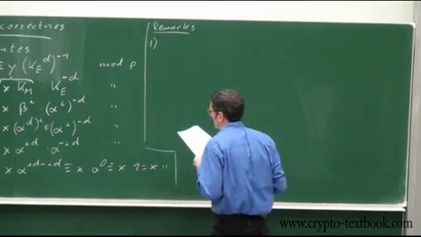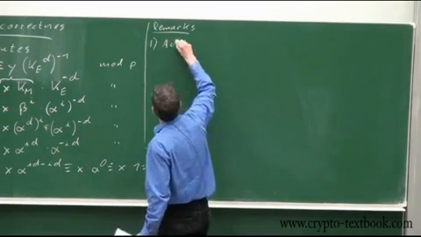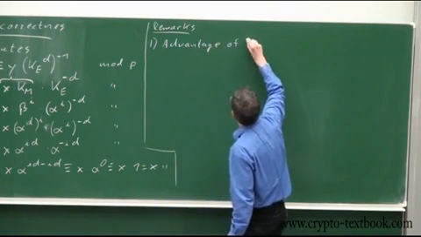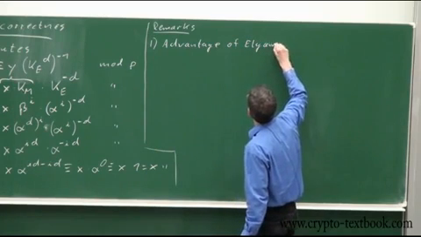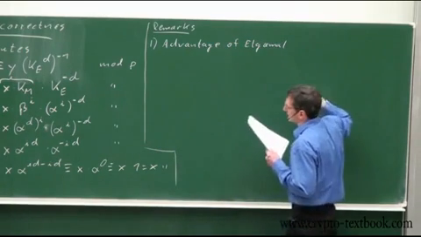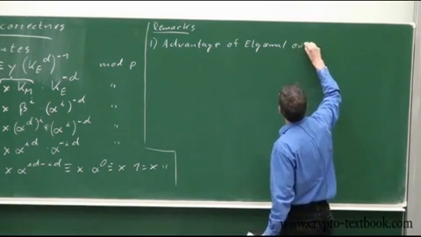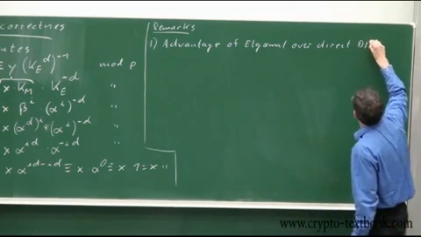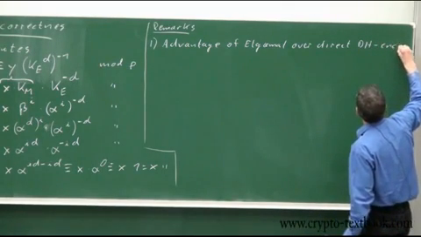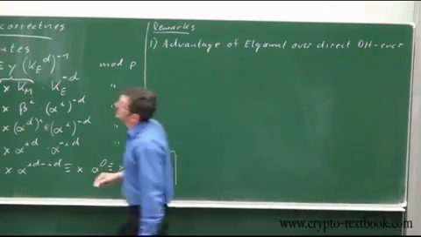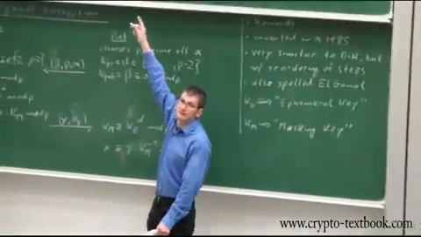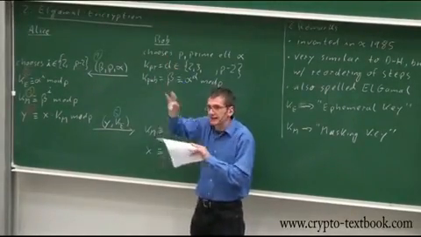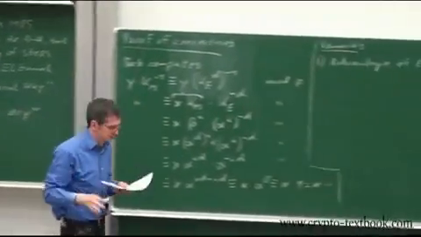First remark is the advantage of Elgamal over direct Diffie-Hellman encryption. And what I mean by Diffie-Hellman encryption is this here, right? This protocol, which most books don't even cover or talk about, right? This is just what we do here in this lecture.